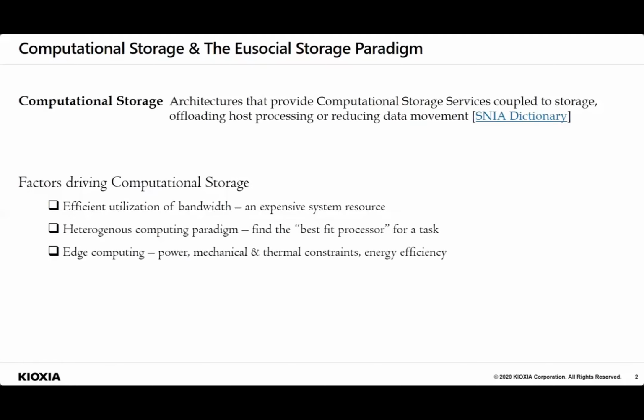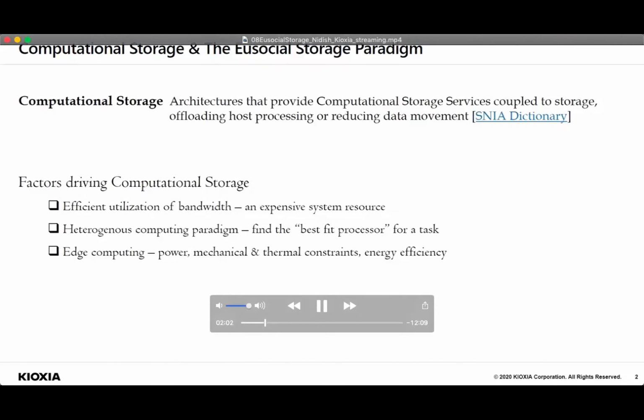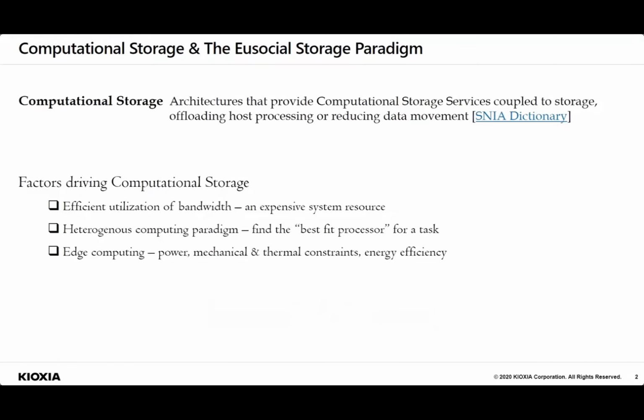The next factor is the rise of edge computing. Edge devices, many of which are systems whose main purpose is to collect and store data, come with inherently small limits on power budget, mechanical size, or energy efficiency. Some examples of these systems are cameras or environmental sensors.